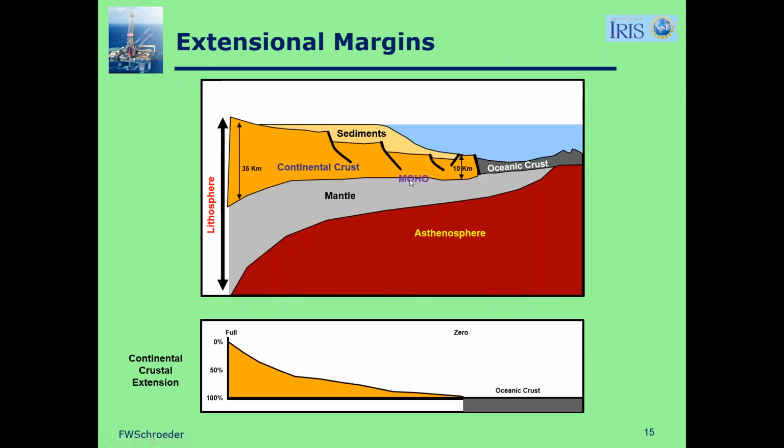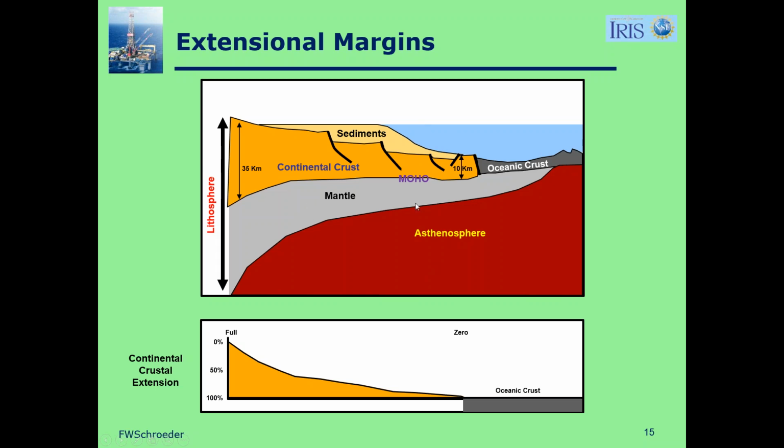So if we have an extensional pull-apart type of model, this isn't the most current type of model for rift basins, but we start with continental crust on the order of 35 kilometers, and we're going to extend that down to about 10 kilometers, and then have oceanic crust and perhaps a mid-ocean ridge. You can also see how the mantle thins down and the asthenosphere gets closer to the surface.